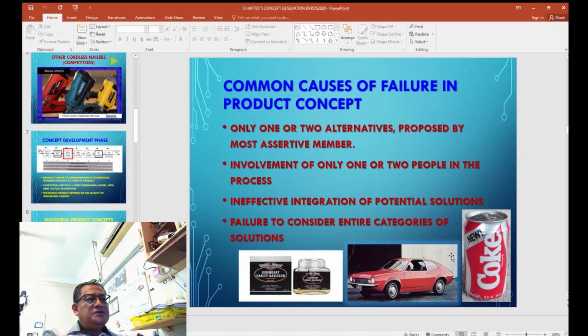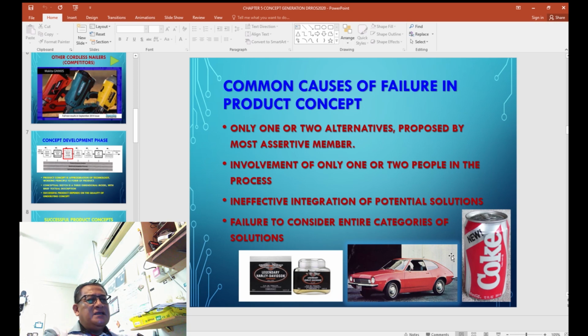When they introduced the new Coke, customers resisted this new taste, and as such, they needed to recall the product. So this is another example of a failing concept, which did not meet customer expectation.